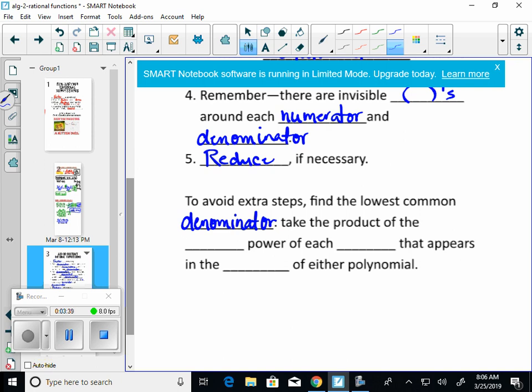You'll take the product of the highest power of each factor that appears in the denominator of either polynomial. That's going to be the most effective way to do it, is to multiply the highest power of each factor.